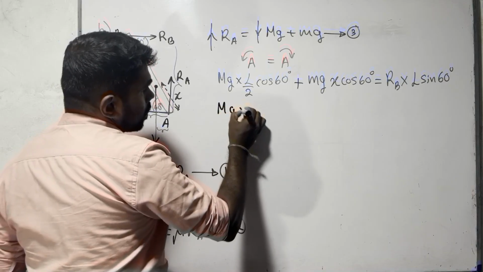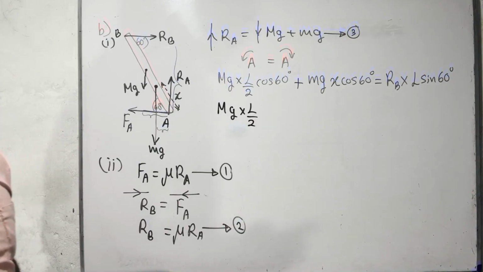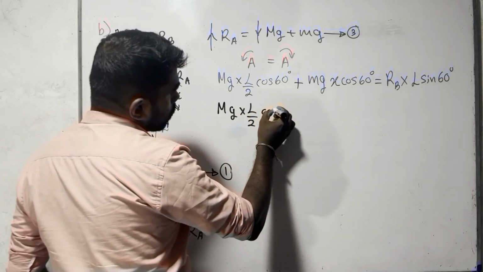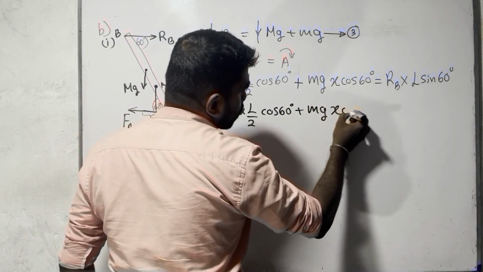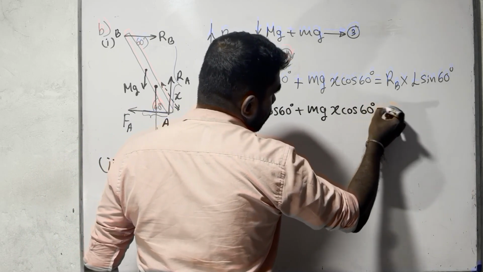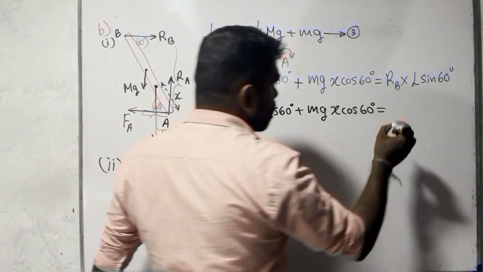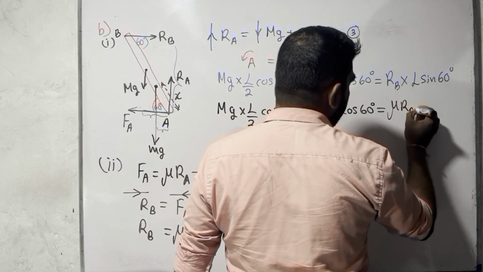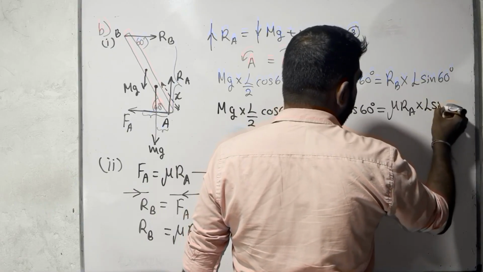Mg L over 2 cos 60 plus simple mg x cos 60 equals RB, which is mu RA, L sin 60.